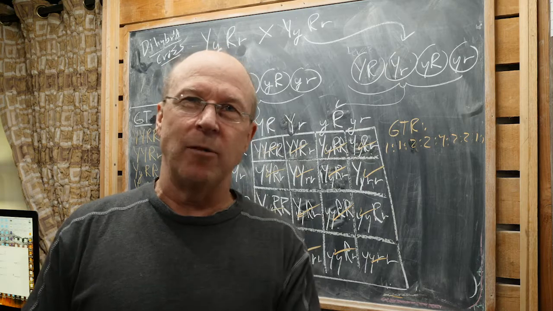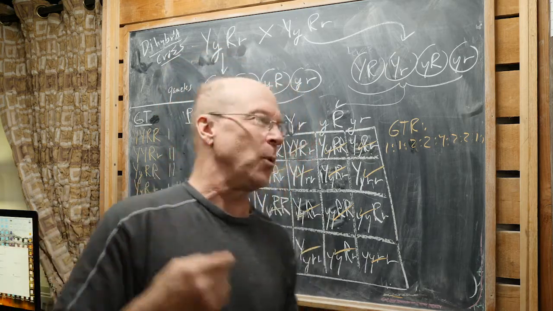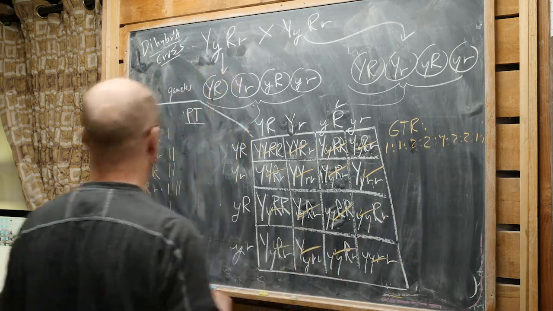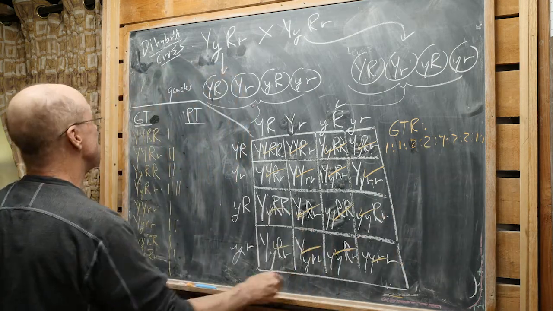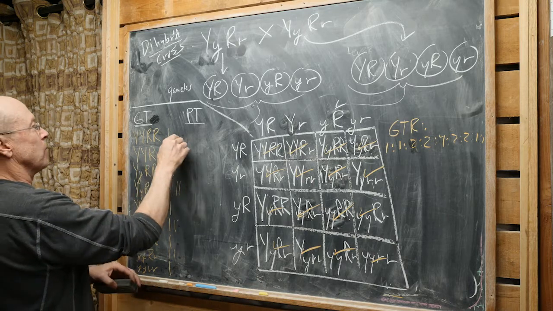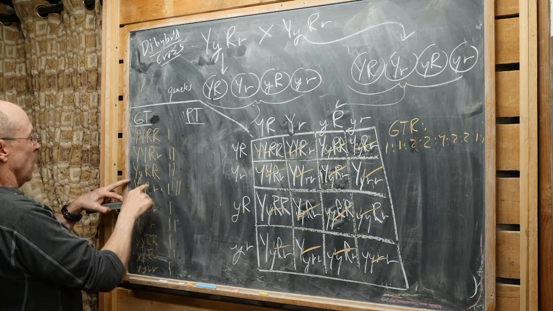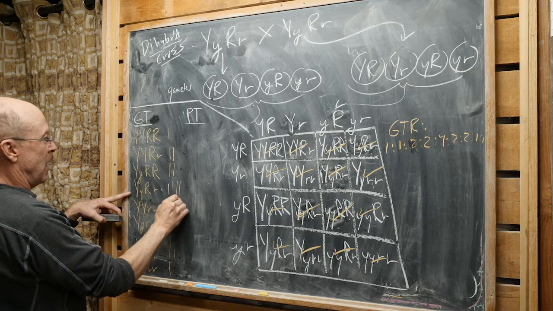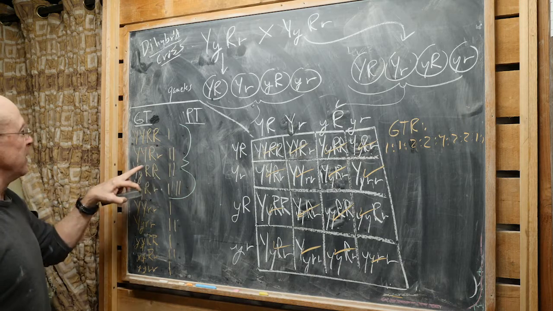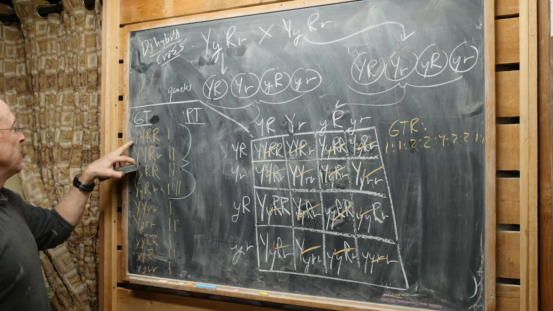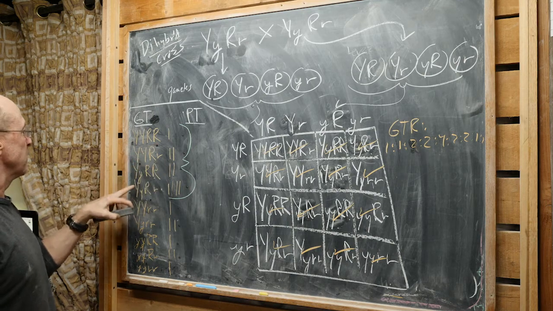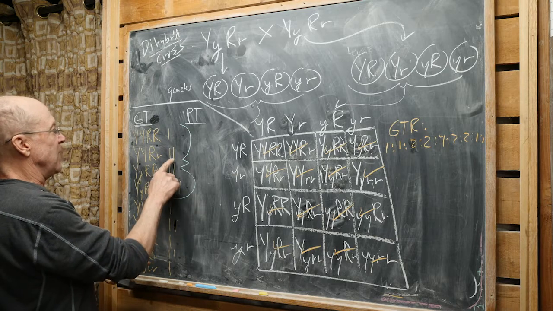Genotypic ratios are really valuable when we're dealing with one locus and we're doing those simple things. That's not really a very good kind of why is the question. But the phenotypic ratio is much better. So here is what we've got. All of these, my friends, are going to have the dominant phenotype because they have at least one capital letter allele for each locus. 4, 5, 6, 7, 8, 9.